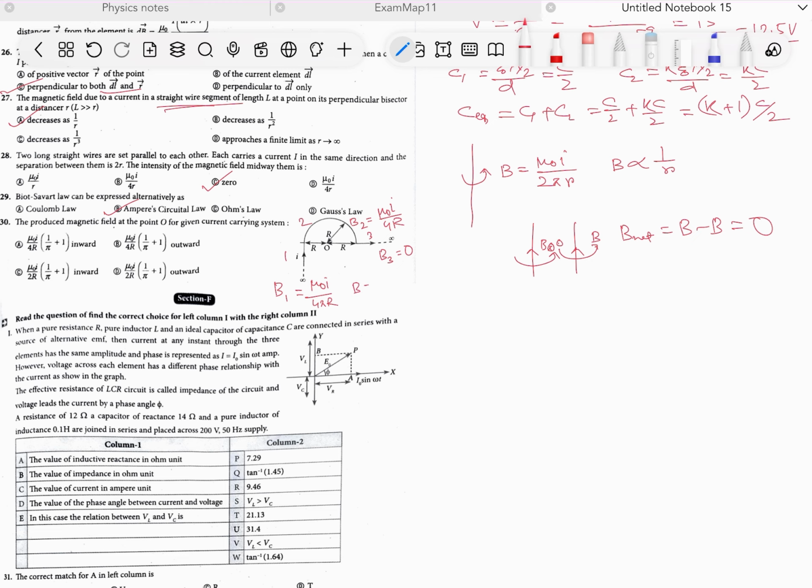So B equals the summation B1 plus B2 plus B3, which means mu 0 I by 4R times (1 by pi plus 1), and its direction is inwards. So basically option A is the right answer.